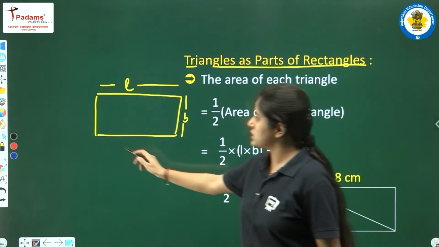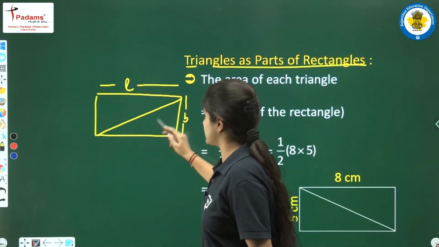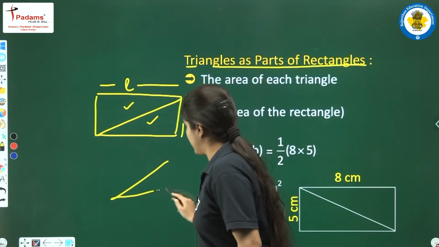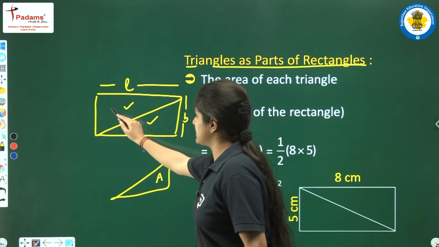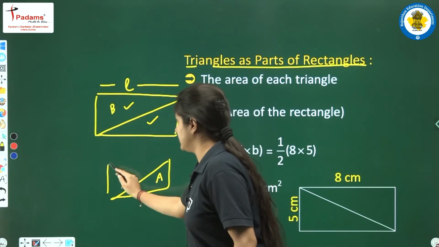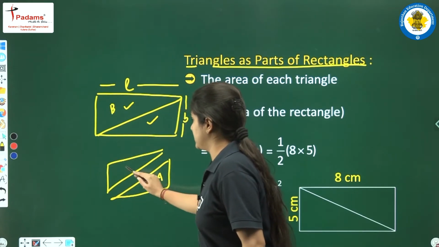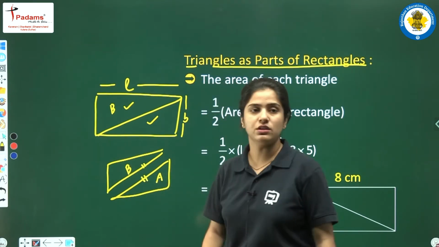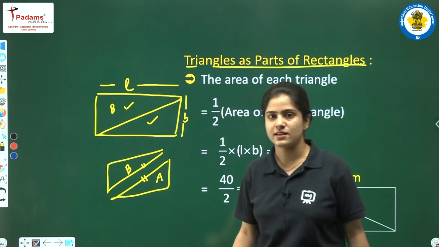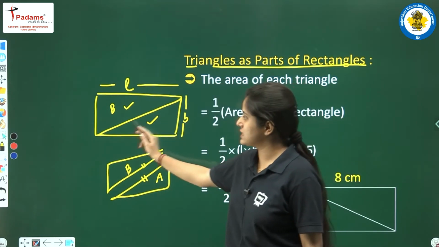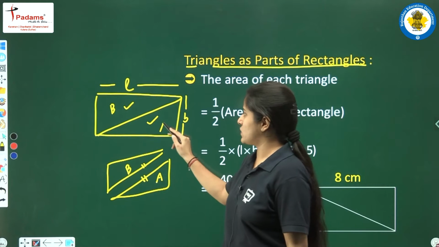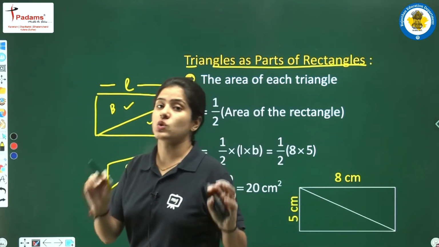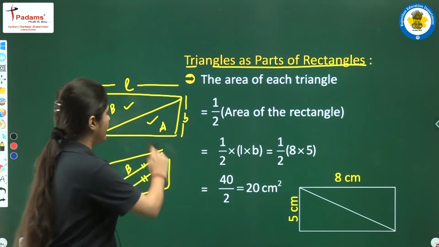For example, if I join these two vertices, we get this triangle and this triangle. This is triangle A and this is triangle B. In these two triangles we have this side as the common side. These are the triangles that are parts of the rectangle.